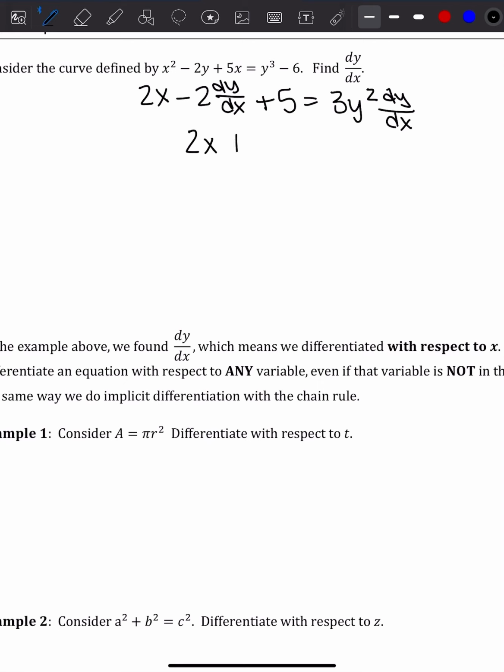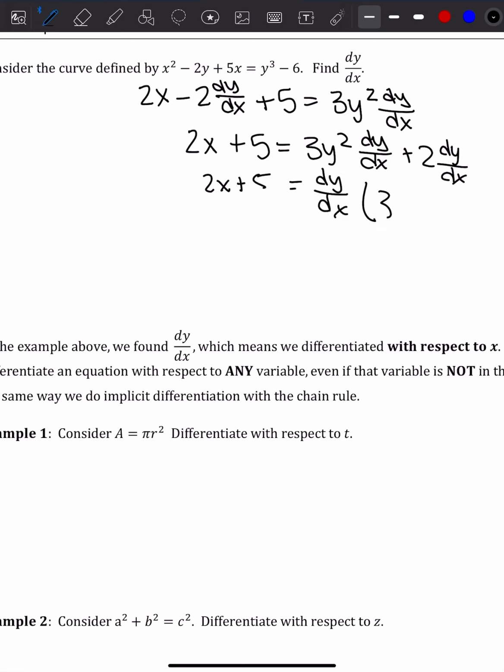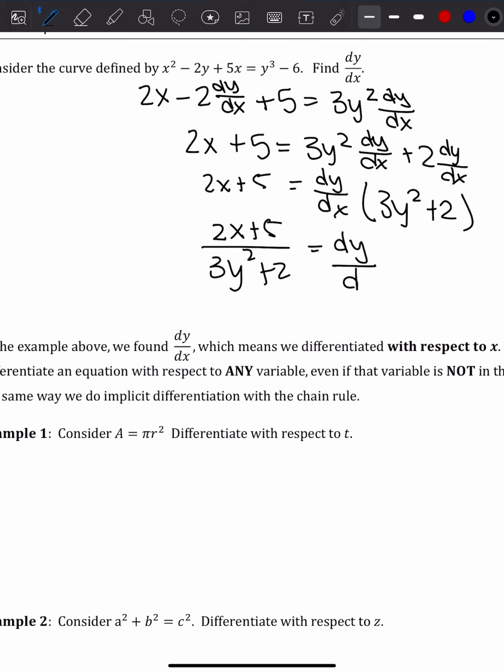So if I move some stuff around, and factor out, we get 2x plus 5 divided by 3y squared plus 2 equals dy over dx.